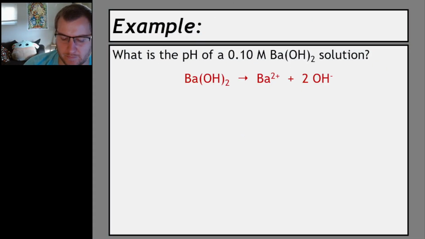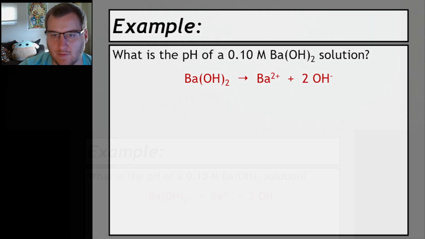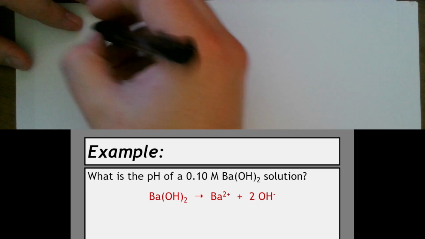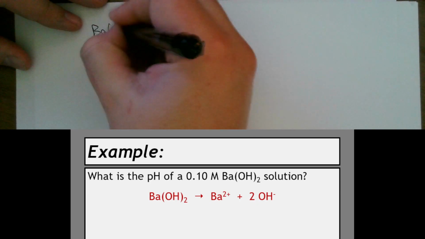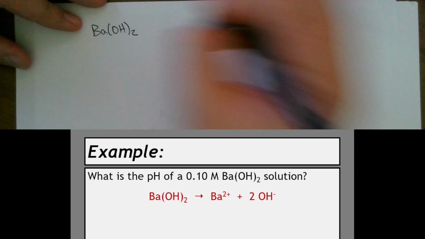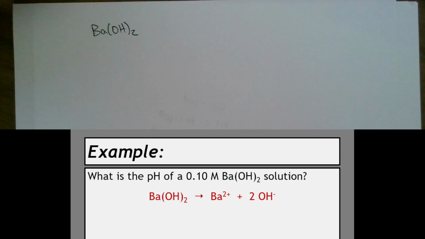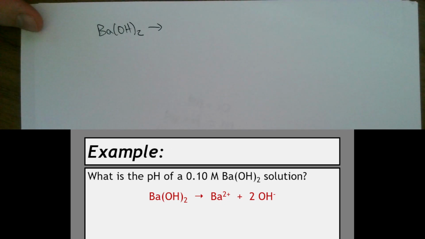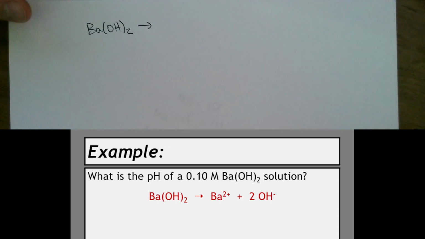Let's look at this example. I want to find the pH of this barium hydroxide solution. Okay. Barium hydroxide is one of the strong bases, which is great. We're going to draw a regular forward arrow because this is going to 100% split apart.